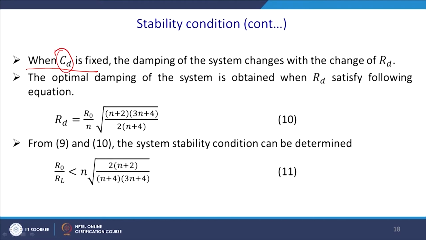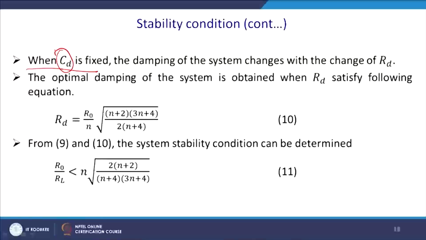Once you fix the value of the C d, you get a range of the R d, and it is your task in simulation also: you put those values of the R d and check. In a real hardware setup you may not do that hit and trial, and for this reason you take a range of R and you sweep the value of R and see where it gives the best response.